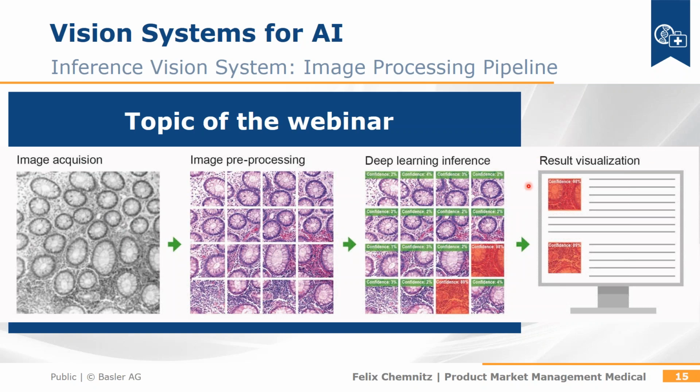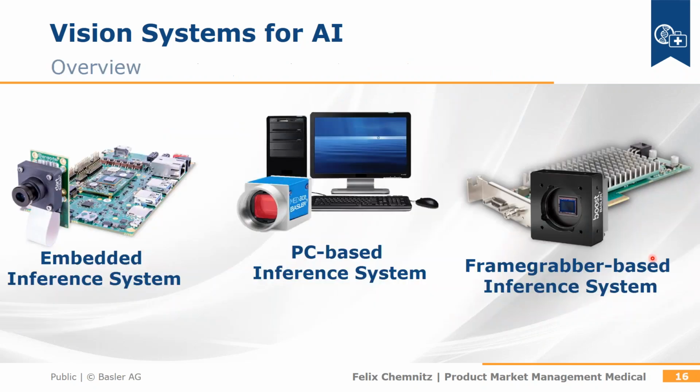And after that, this will result in a result visualization, but this is not part of the vision system itself. This would be your part if you create a vision system, how you want to present this to the end user. So this is not part of the presentation.